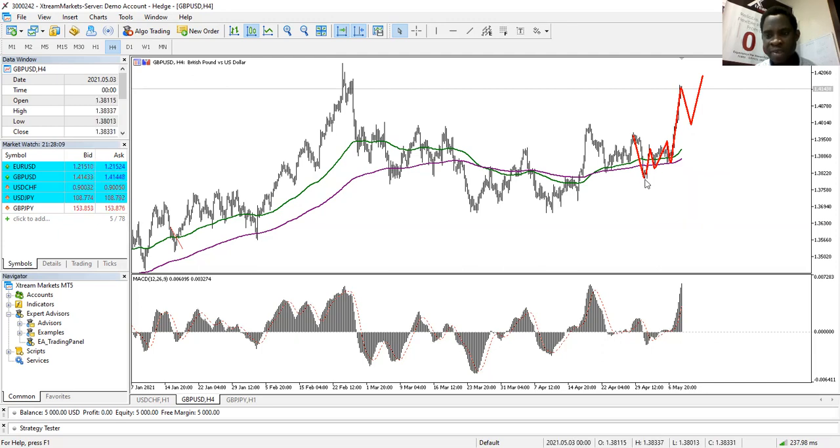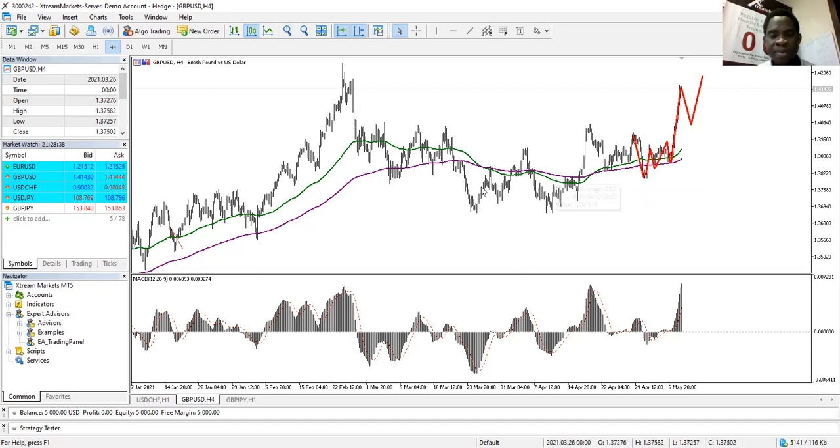L2 is higher than L1, L3 higher than L2, L4 higher than L3. So that means we have higher low, higher high, higher low, higher high, higher low, higher high. So that tells you that the market is in the uptrend.